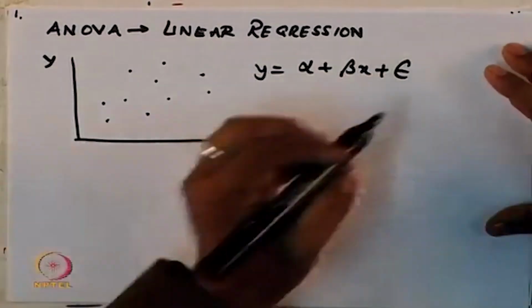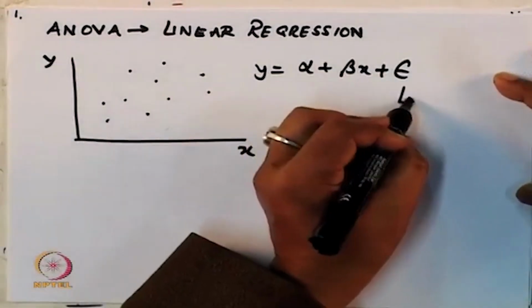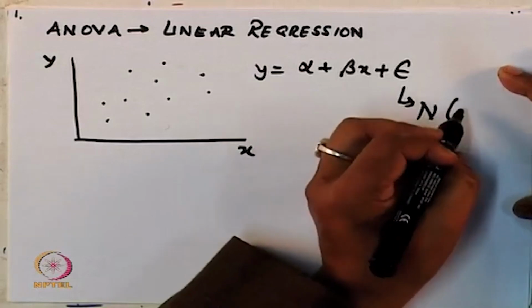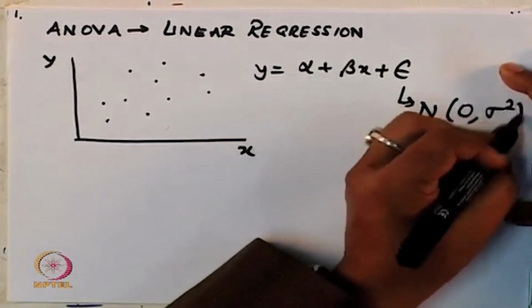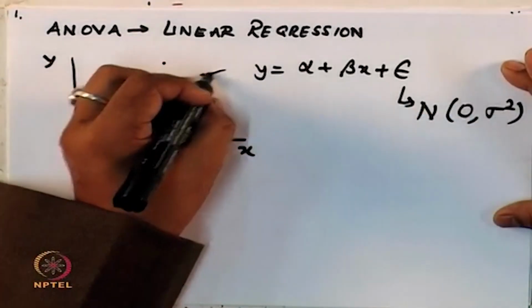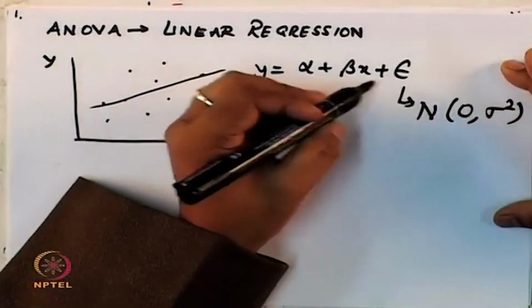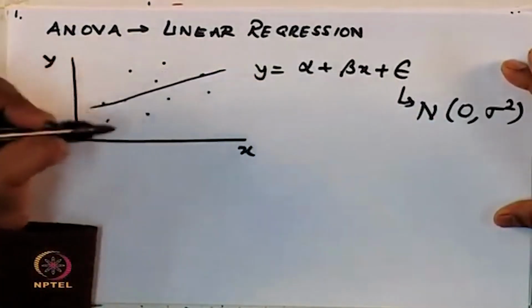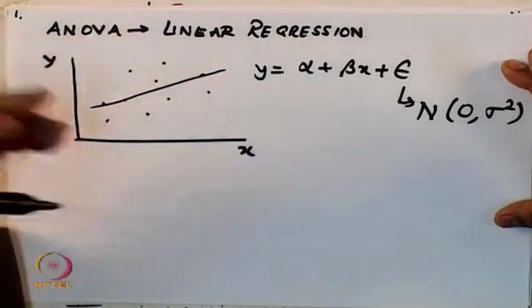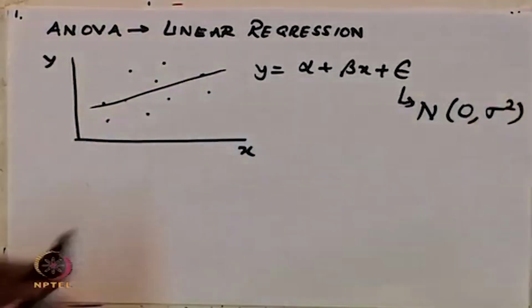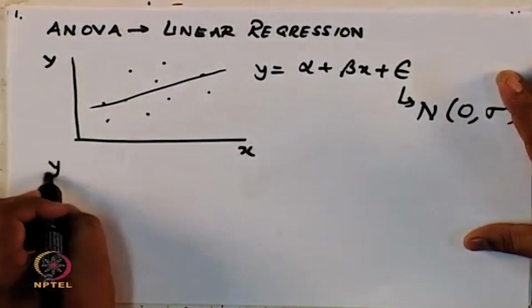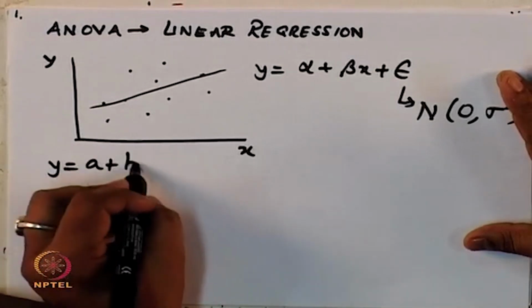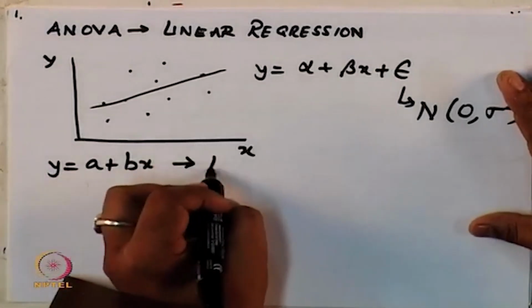This epsilon follows a normal distribution with mean of 0 and variance of sigma square. So, it is as if on a line you have added a random error term at each point, thereby generating this scatter. We want to generate a line y is equal to a plus bx, which is called the best fit line.